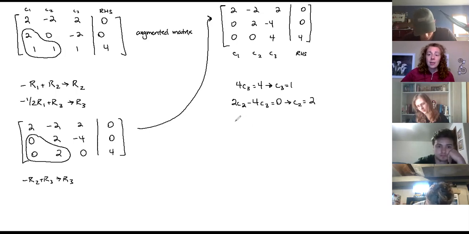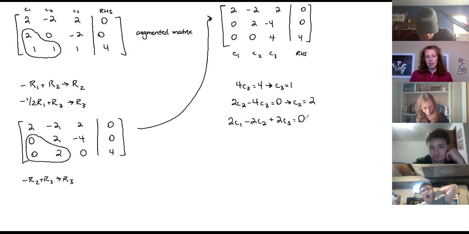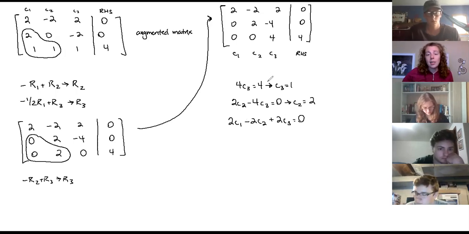And then row 1, 2C1 minus 2C2 plus 2C3 equals 0. That's the equation that comes out of row 1. And once again, we know C3, we know C2, so we can plug in, and it turns out that C1 equals 1.